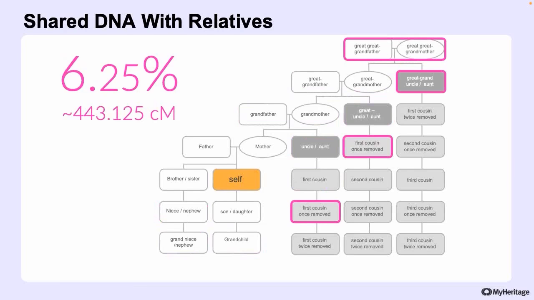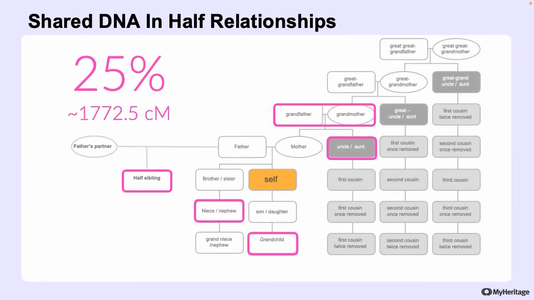But 50% means that it can be either our child or one of our parents. The shared DNA in half relationships is kind of tricky. If you remember, I showed you before that we share 25% of DNA with one of our grandparents, or our uncle, aunt, niece, nephew, grandchild. But in terms of genetics, in what we call a genetically equivalent relationship, we can also share 25% with someone who is our half sibling.